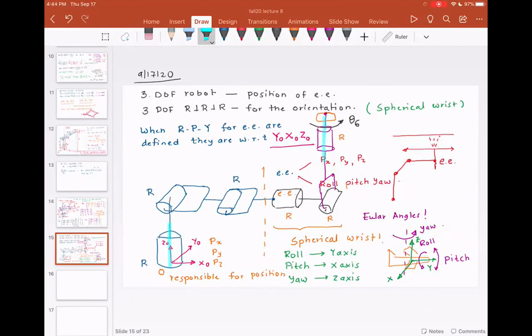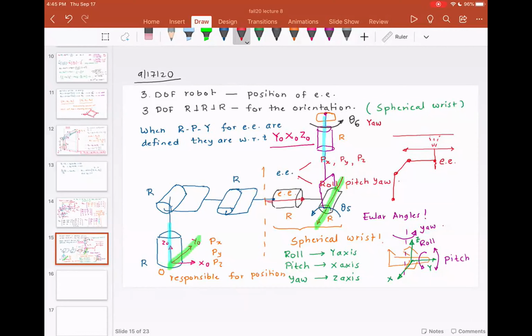Now I want you to look at the second revolute joint. First I'm going to draw the axis, and then I'm going to highlight the axis. The second revolute joint is going to control its orientation. This will be theta 5. So theta 5 will control the orientation about y.